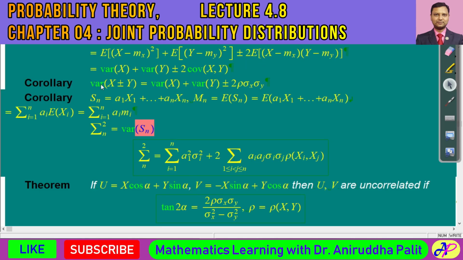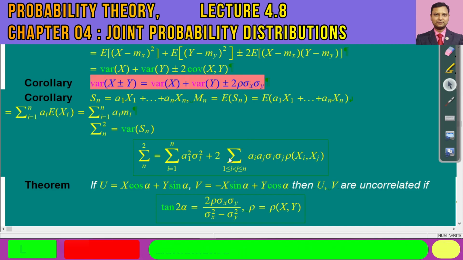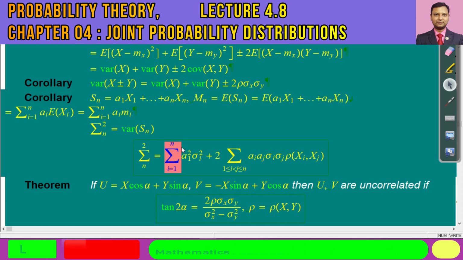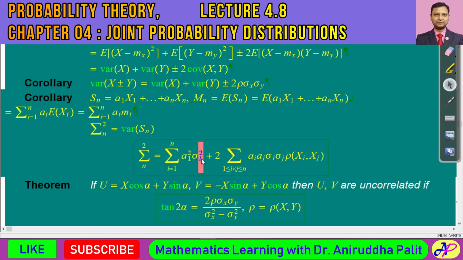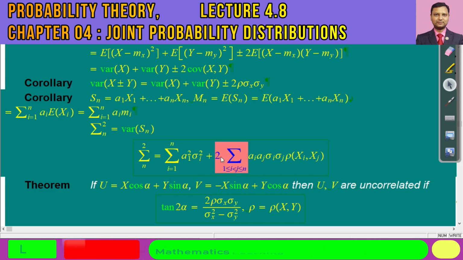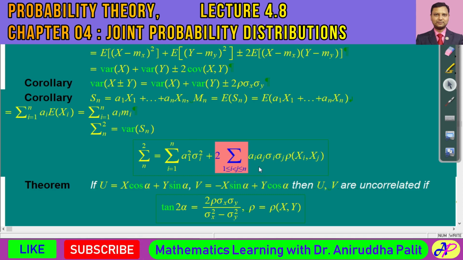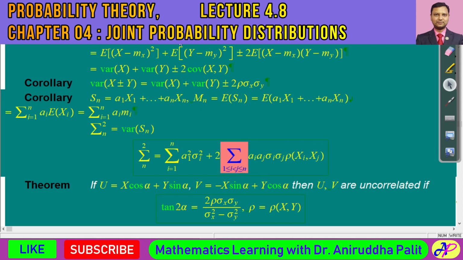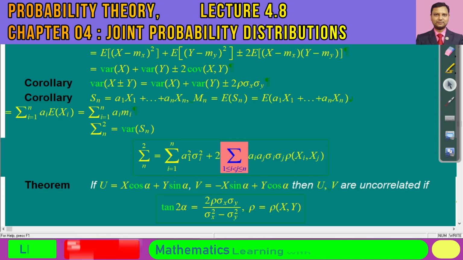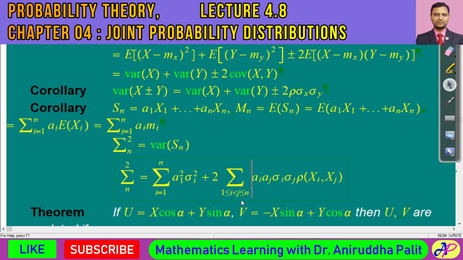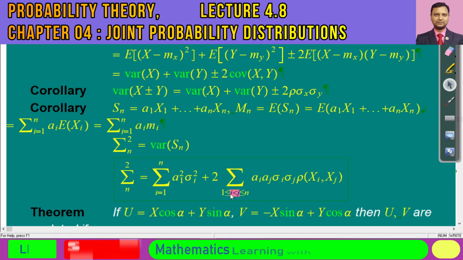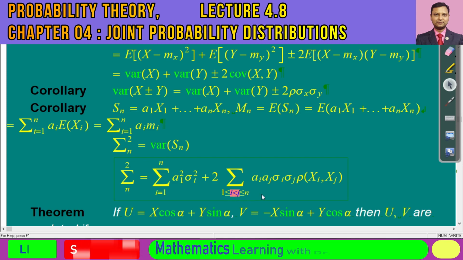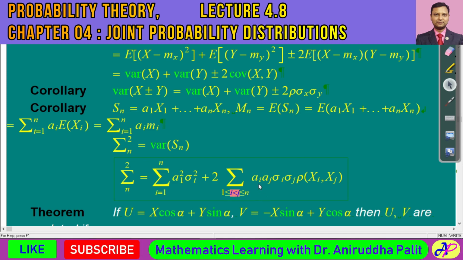Then one can extend the previous result, and we can further prove that this variance is equal to the summation i is equal to 1 to n of ai square sigma i square, plus 2 into a summation extended over all possible values of i and j, with just one restriction that i should be less than j. So i and j are both varying from 1 to n, with the restriction that i is less than j.